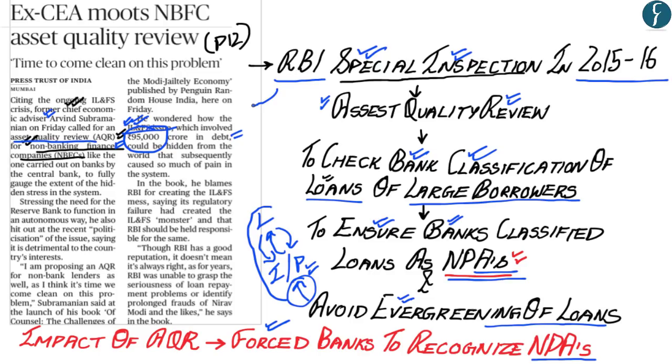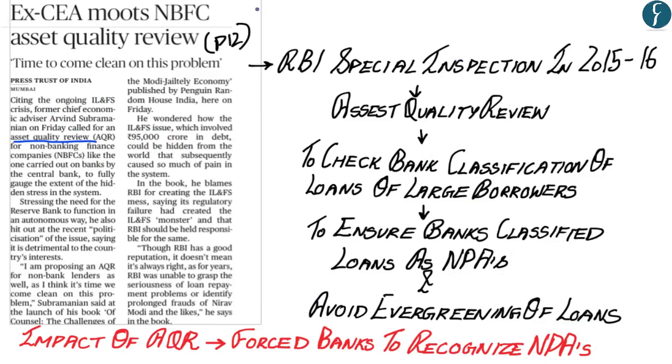And it is within that context that the former Chief Economic Advisor wants an asset quality review of non-banking finance companies so as to ensure that NBFCs are also forced to recognize loans as being non-performing assets. But you have to understand that this news is currently in transition, wherein we'll have to wait and see as to whether an asset quality review of non-banking finance companies is undertaken or not.